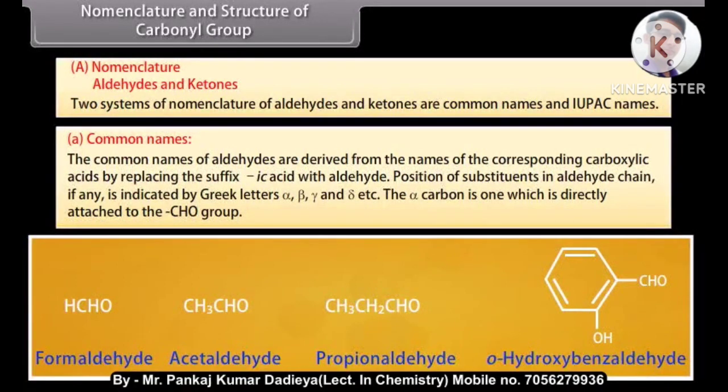Position of substituents in the aldehyde chain, if any, is indicated by Greek letters alpha, beta, gamma and delta, etc. The alpha carbon is the one which is directly attached to the aldehydic group.